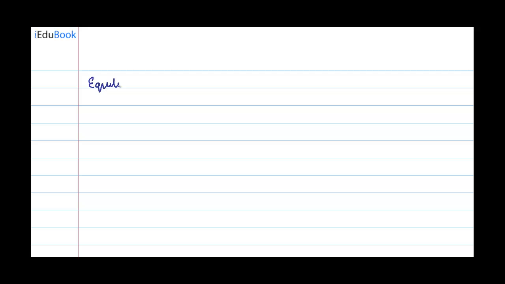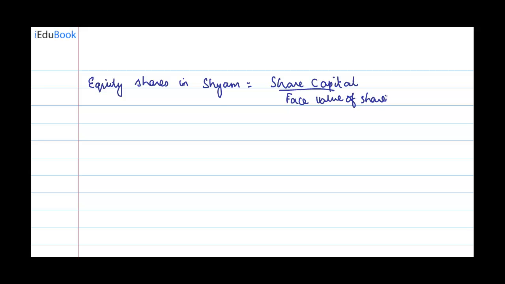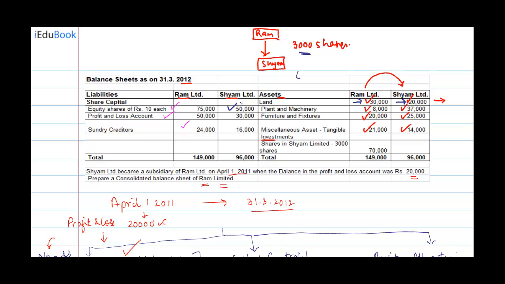Equity shares in Sham is equal to share capital divided by face value of share. We have 50,000 as the share capital and 10 rupees as the face value, so there are 5,000 shares in total in Sham Limited.